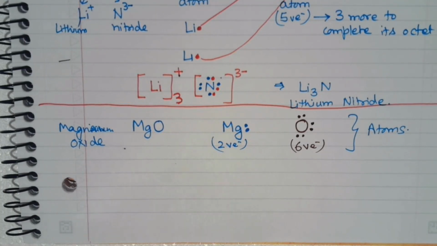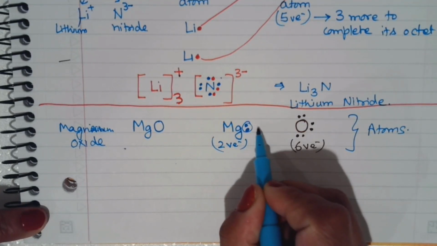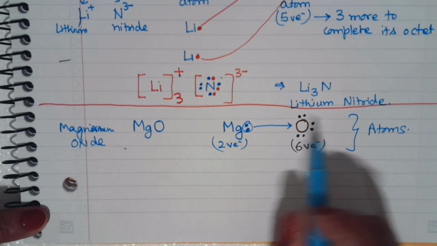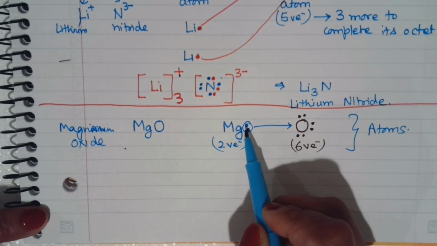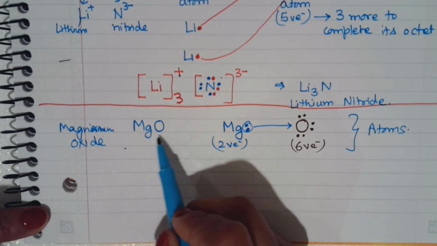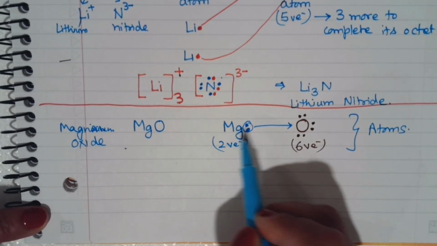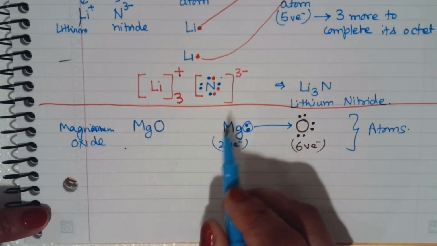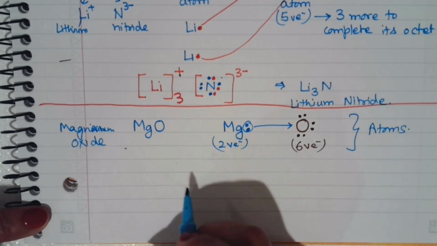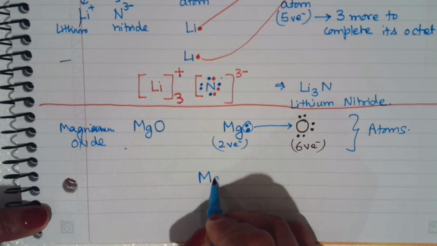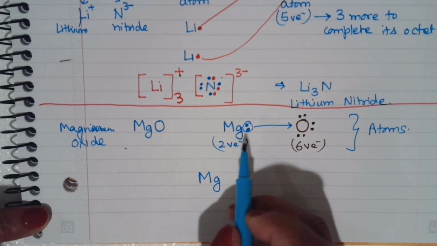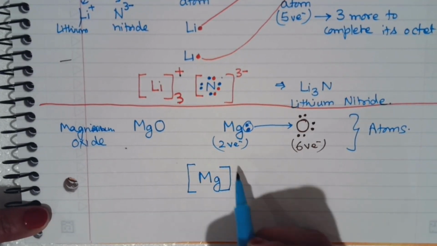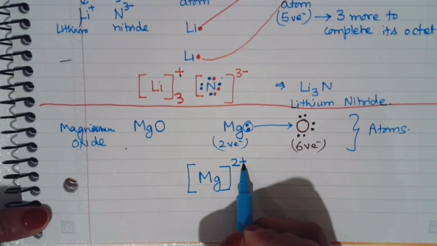So what happens? Magnesium gives off its 2 electrons to oxygen. Okay. Oxygen needs 2 and magnesium can give 2, right? So there are no subscripts in the formula. When the cation and anion have the same charge, there are no subscripts, right? So once magnesium loses 2 electrons, we can just write magnesium. So this is the atom, right? And then after losing 2 electrons, it gains a charge of 2 plus.